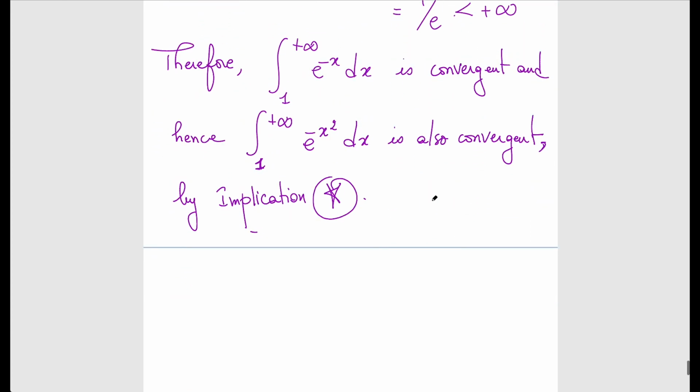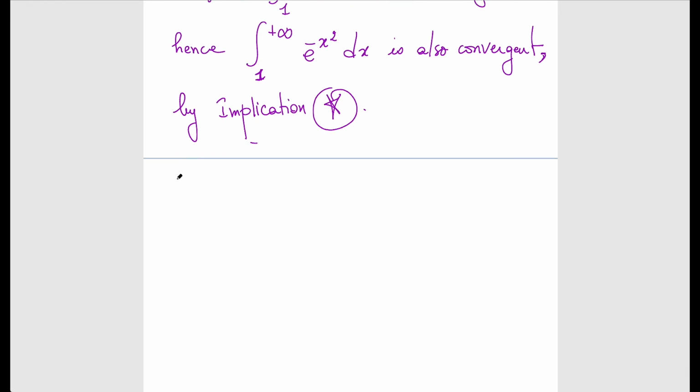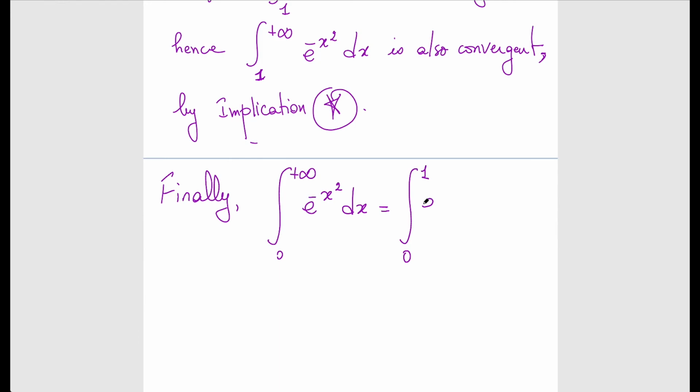All right, so back to the actual problem. So finally, the integral from 0 to plus infinity e to power negative x squared dx, you can write this as the integral from 0 to 1, right, e to power negative x squared dx, plus the integral from 1 to plus infinity e to power negative x squared dx.